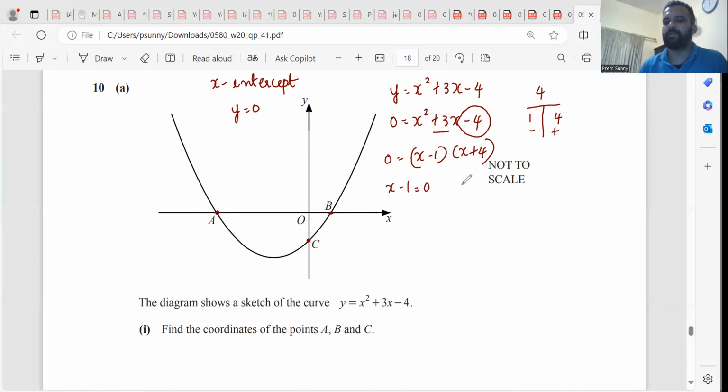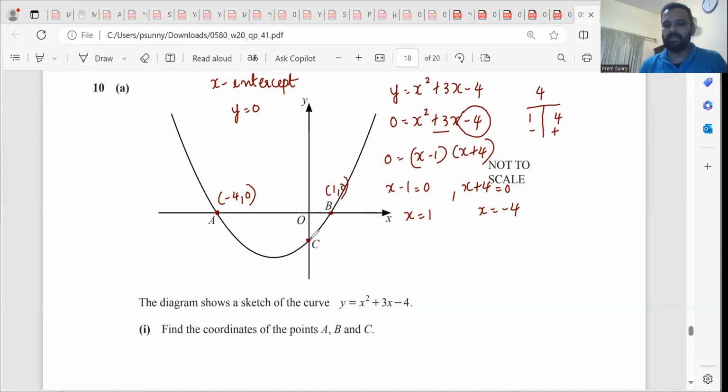So x minus 1 equals 0 and x plus 4 equals 0. We get x equals 1 and x equals minus 4. So the coordinates of point A, since it is on the left-hand side of the x-axis, are minus 4 comma 0, and on the right-hand side, point B is 1 comma 0.